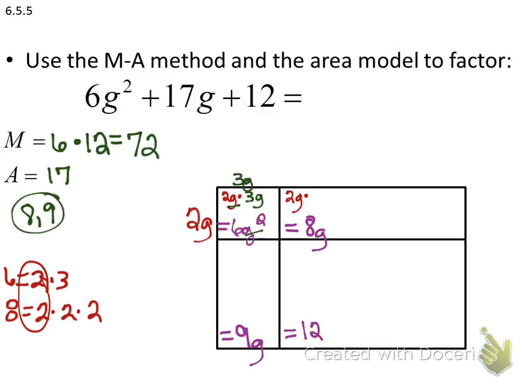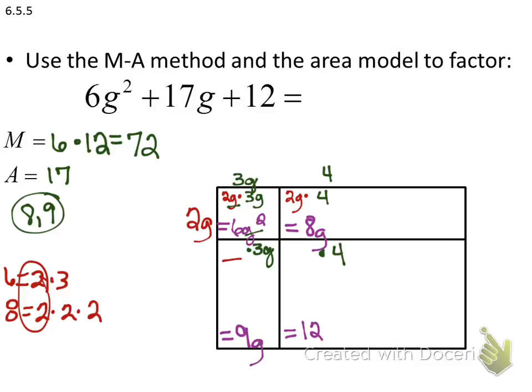I'm going to bring that down directly below. Now I can find the width of my second rectangle. 2 times what gets me to 8? 4. Do I need a g? No. So that's the width of the rectangle above, which will be the width of the rectangle below.